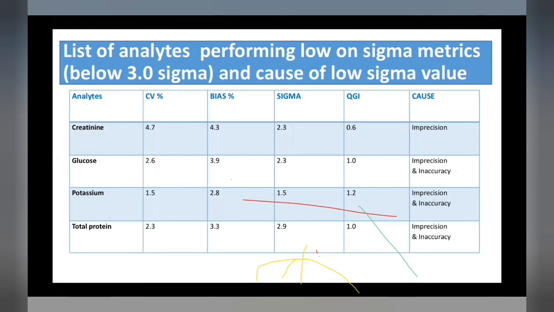For potassium, it is 1.2. 1.2 means bias is high, there is more inaccuracy. Some element of imprecision may be there, but predominantly it is inaccuracy. And total protein 1.0, there is imprecision as well as inaccuracy. So that way you get the clue how to proceed further, how this data shall be analyzed further.